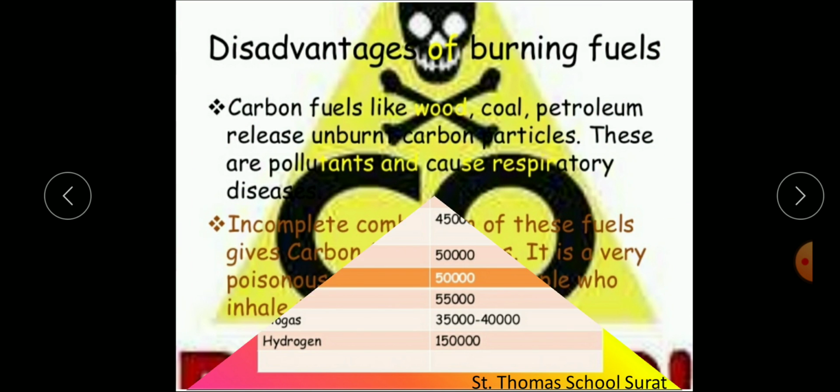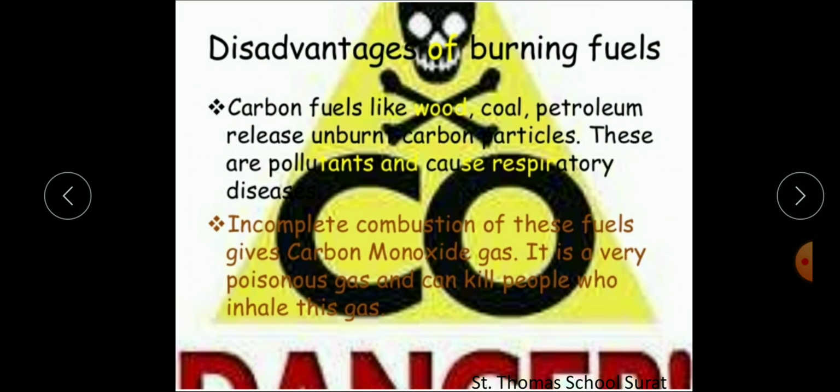Next we will see the disadvantages of burning fuels, which lead to harmful products. Here, increasing fuel combustion has harmful effects on the environment. Yes or no? When you consume more fuel, it has very harmful effects on the environment.